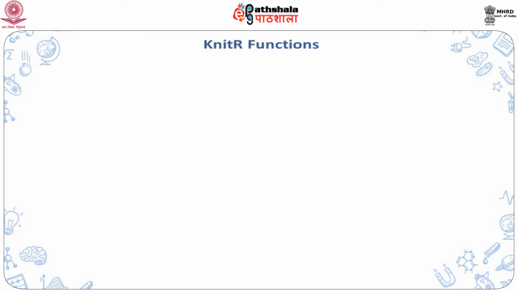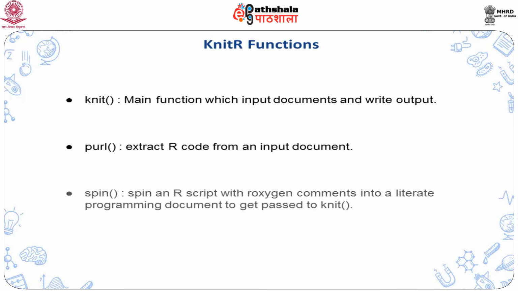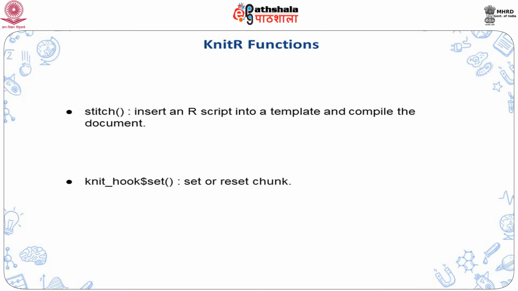Now here are some of the knitr functions. The knit function is the main function in this package, and knit inputs documents and writes the output. And here are some other functions like purl, spin, stitch and all the things which have been given here.